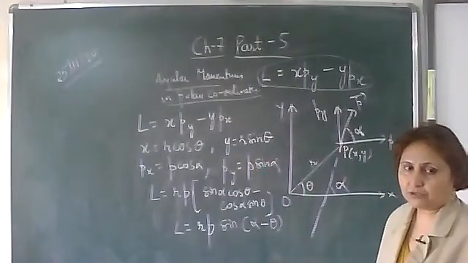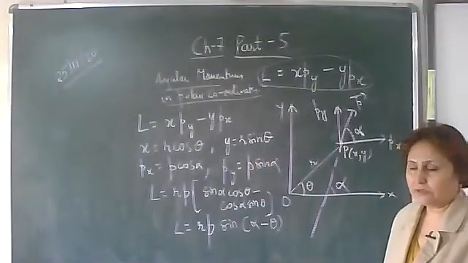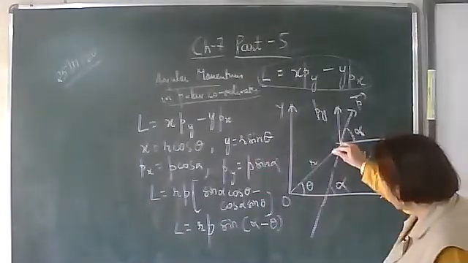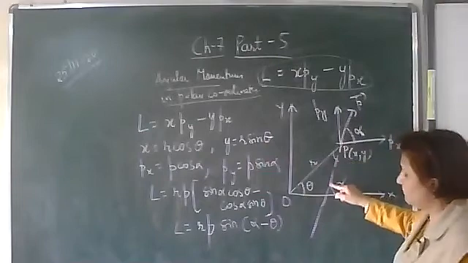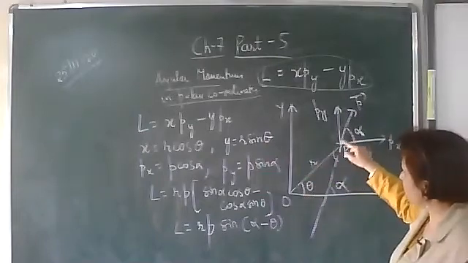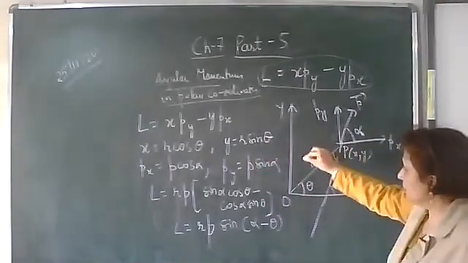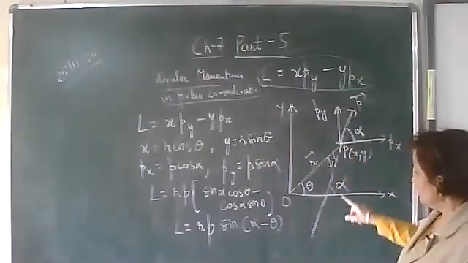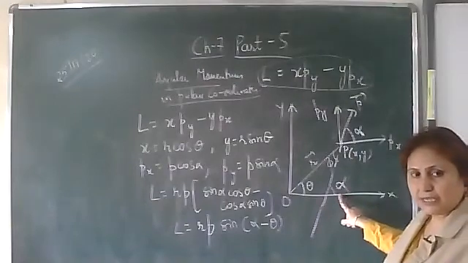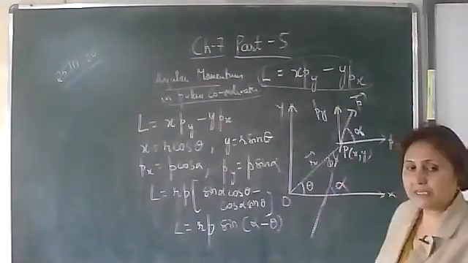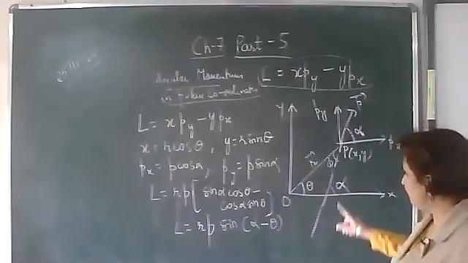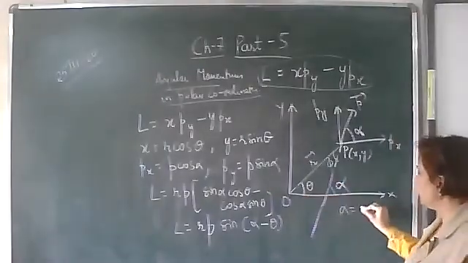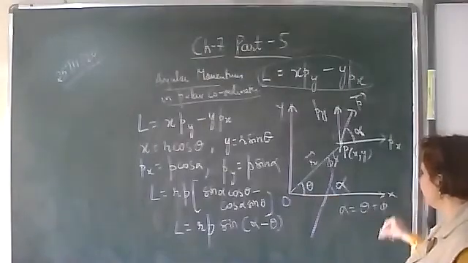Now we come back to the figure. For alpha minus theta, let the angle between the r vector and the p vector be phi. Alpha is the exterior angle, which should be equal to the sum of the two interior opposite angles, so alpha is equal to theta plus phi.